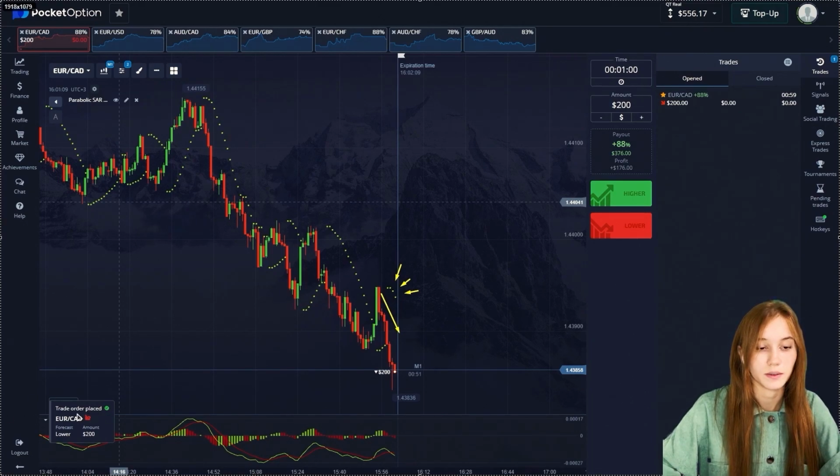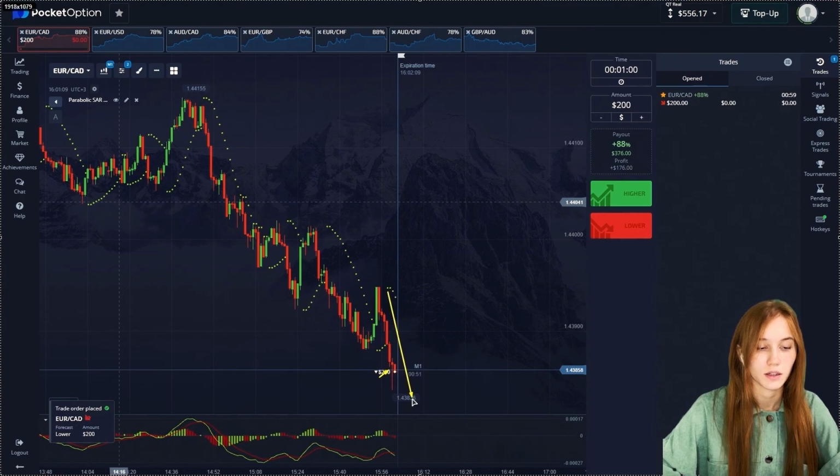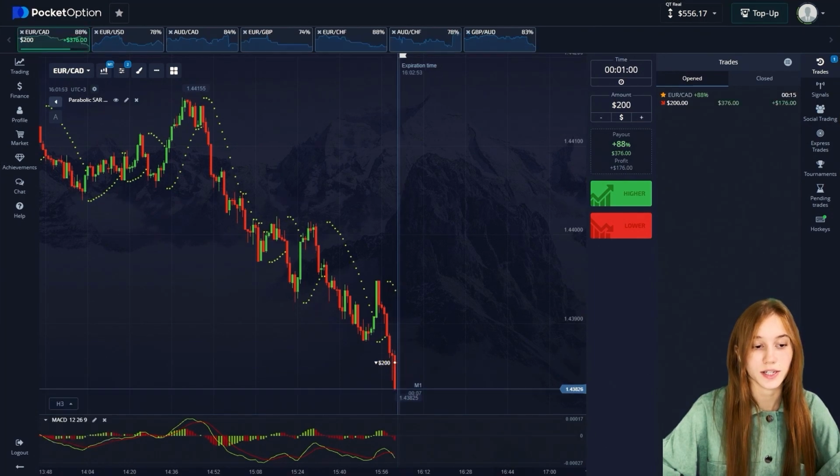Then we look at the indicator MACD, red bars. It's a good signal. Decreasing is stable on our chart. It's good. Trend is going down.